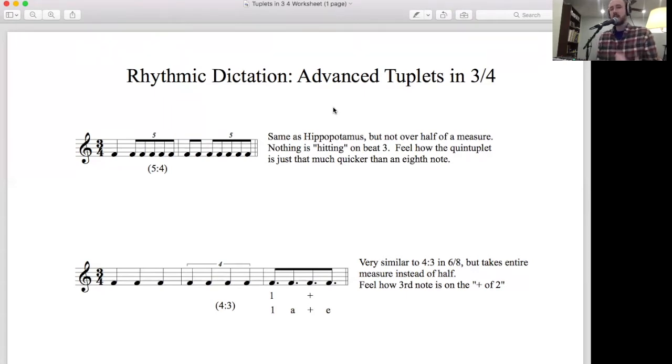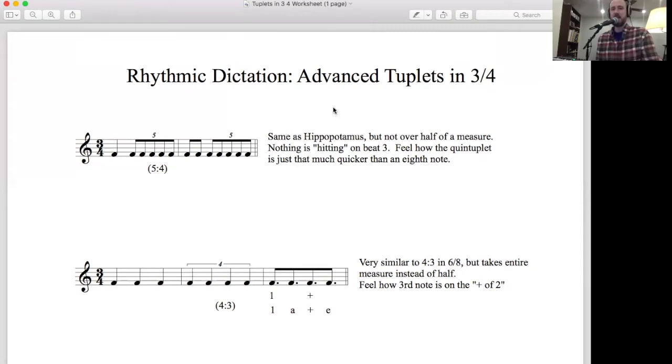And one of the interesting things we can do with it, not in 3/4 only, but in all meters, and this is going to be a theme here, is feel how it's just a little bit off of the 8th note. So if this is the beat, 8th notes in 3/4 time would be 1 and 2 and 3 and 1 and 2 and 3 and, right?